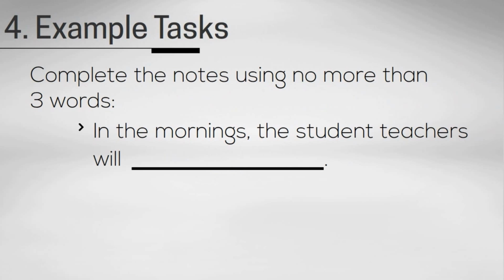We know that because the question uses the word will, it should be followed by a verb, so we know it's a verb form, and we can have up to 3 words, so it could be verb and verb. And we can also have a good guess about what a student teacher is likely to do. In this example, you would hear the answer read aloud in the recording. Since you have already read the question to yourself, you should know what sort of information you're listening out for to make your listening more effective.